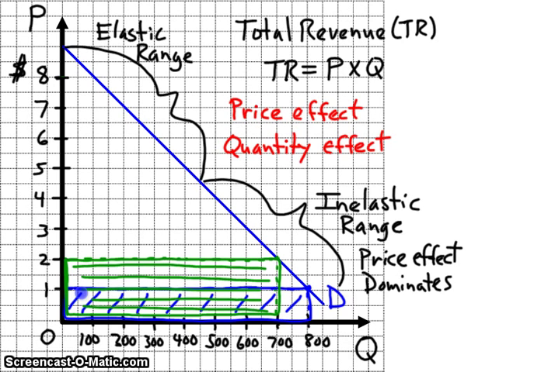Okay? So now if we compare those two, what we lost when we raised the price from $1 to $2 is this area that I'm now shading in dark blue, this little square down here.